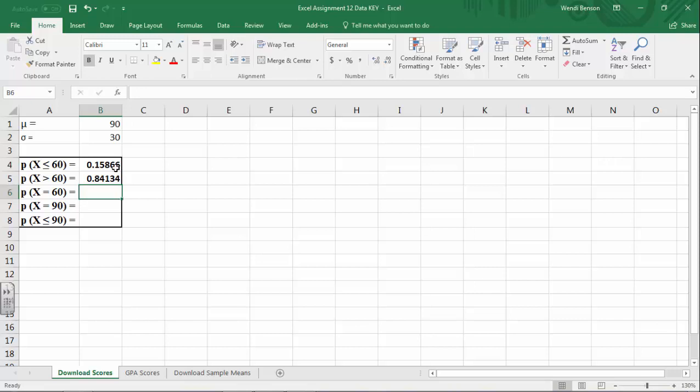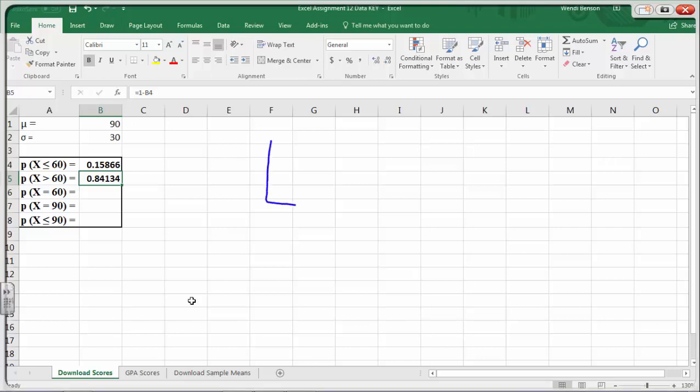If there's a 100% chance of any outcome, and there's a 15.7-ish% chance that it's going to be less than 60, then what's left? Well, about 84% will be greater than that. I'm going to draw this for you just to make sure that it makes sense. So if we go here, our mean is 90.